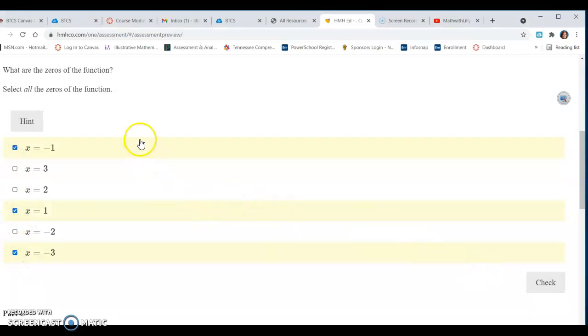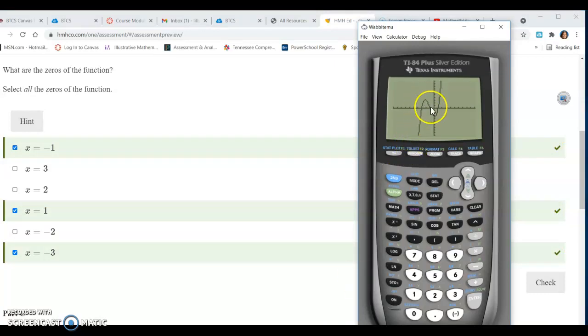Also, if this is a cubic function, it's going to have either 3 zeros or 1 zero. So it makes sense that we have 3 zeros here. What I mean by 3 or 1 is, if this hump here was below the x-axis, then it would only have one place where it crossed the x, so it would only have 1 real zero. But if this goes above x and back below, that's what creates 3.